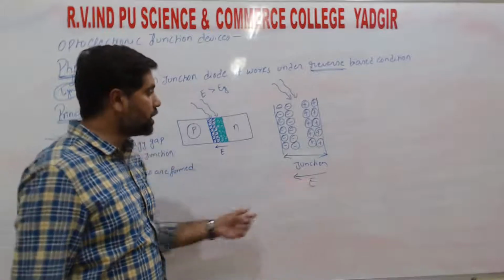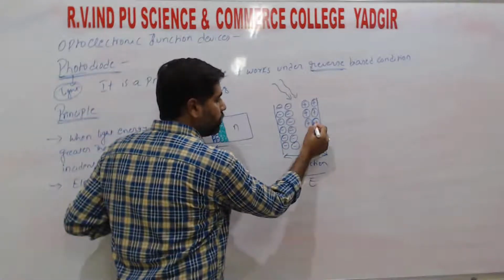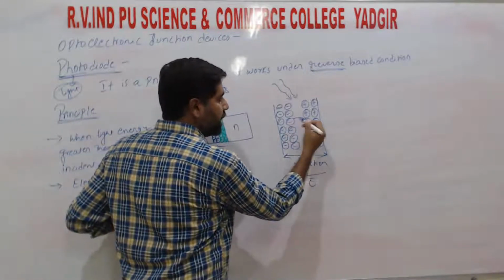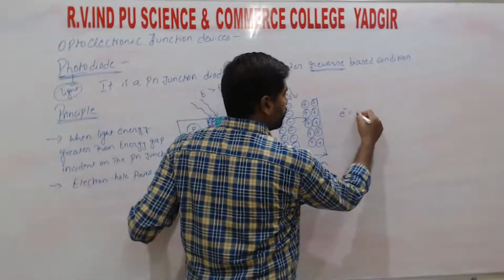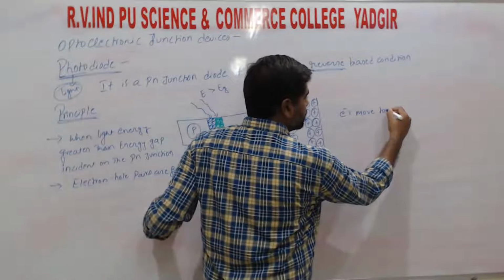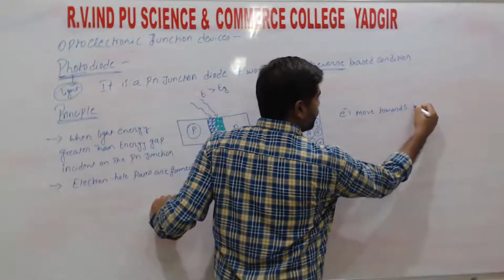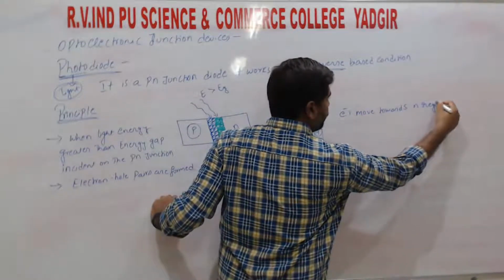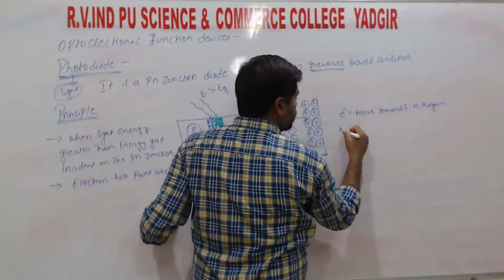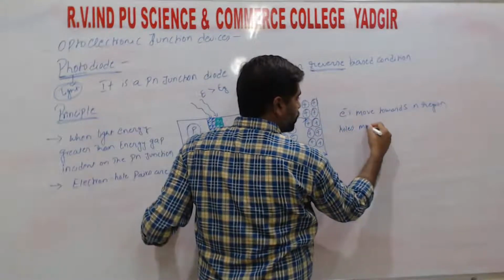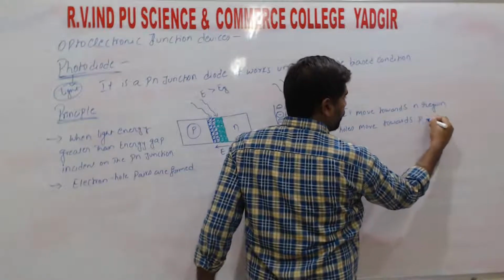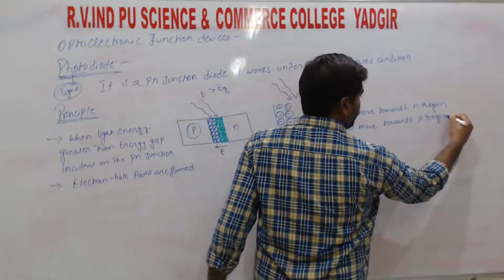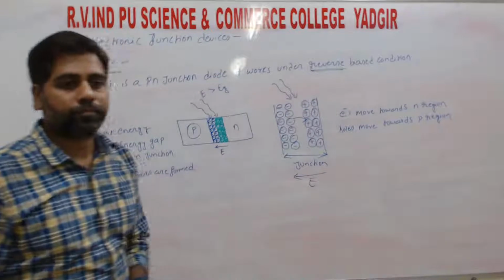Due to this electric field, electrons move towards the n region, and holes move towards the p region, right?